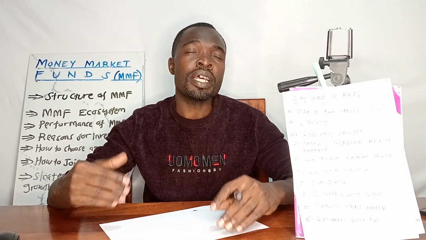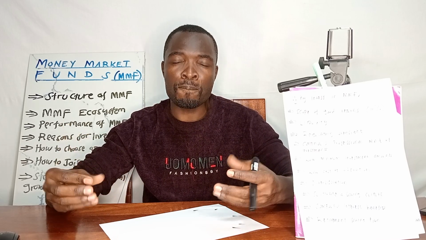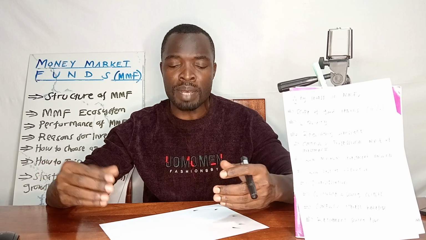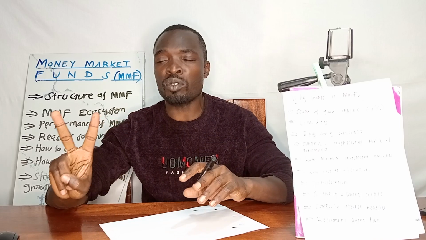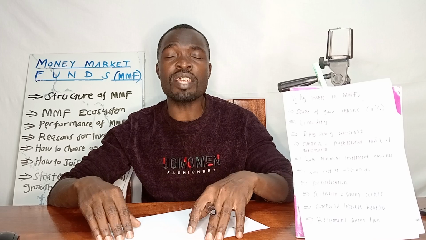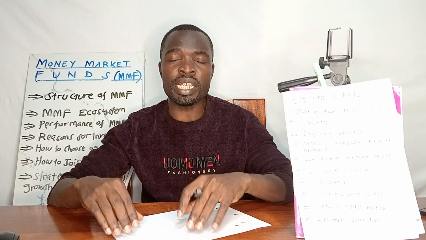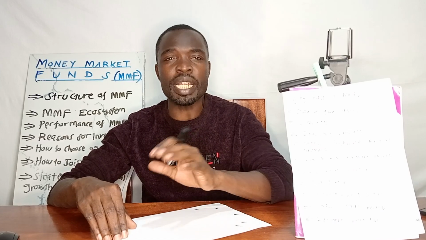Reason number 9 is compound interest benefit. Money market funds are compounded. We have got two types of interest: simple interest and compound interest. But for money market, the interest is compounded, meaning that once you earn an interest, that interest is added to the principal so that you get a new amount.